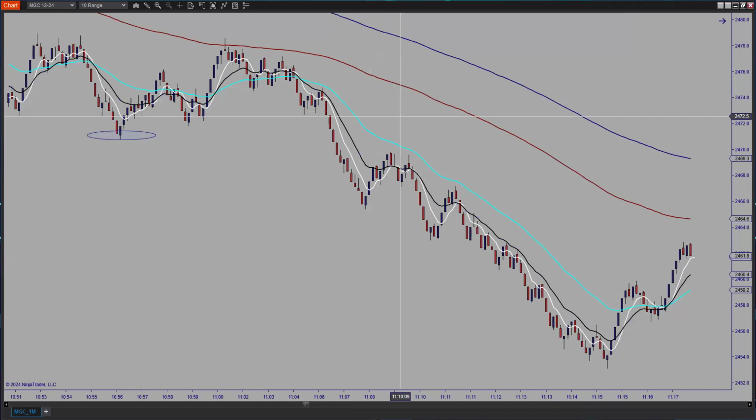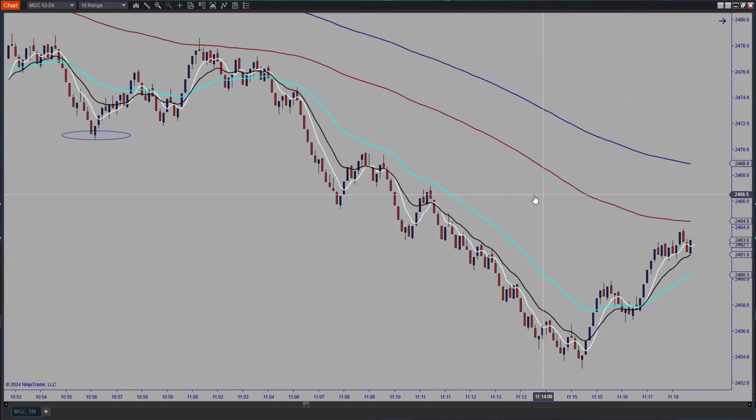You can use when the market touches the 13, or when the market touches the 34. Any of these are valid. Just decide how tight you want to get with your trail stop. Do you want to give it room to run or not? That's up to you. Whatever works for you.